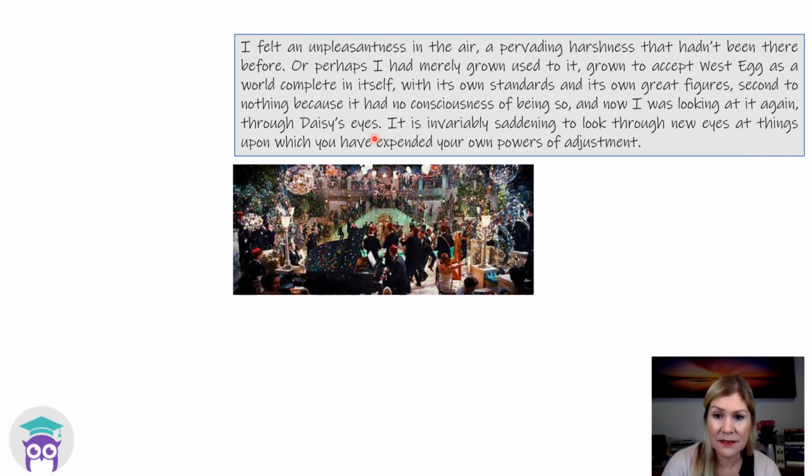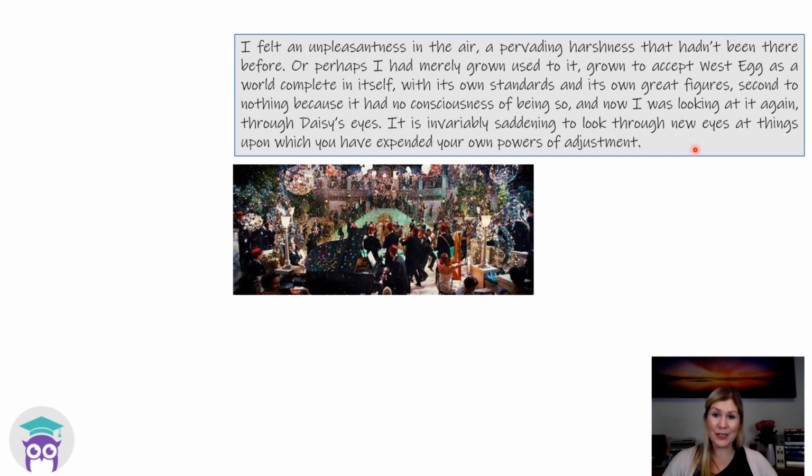So there's this sense of judgment again. And I know that Nick is the person who supposedly doesn't judge, but here he is thoroughly doing it. But there's almost a sense that he feels judged for having enjoyed it and not seen it as Daisy and Tom would. And he says, "It is invariably saddening to look through new eyes at things upon which you have expended your own powers of adjustment."